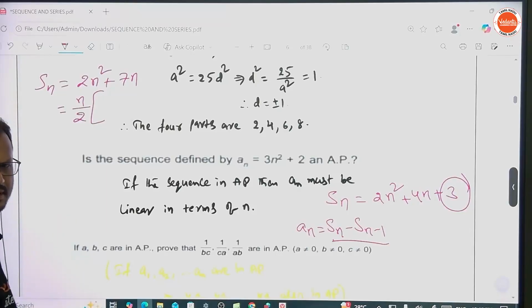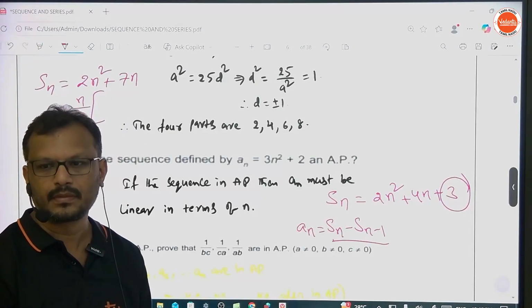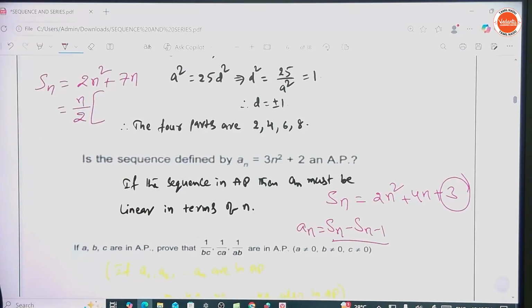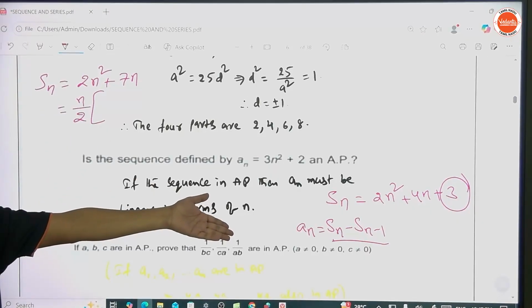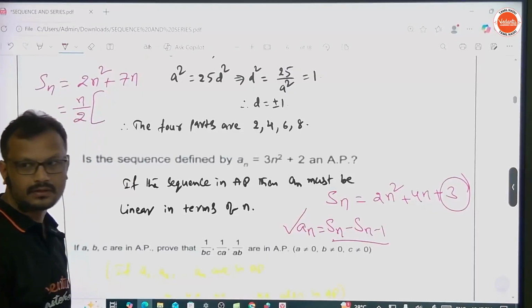First term S1 means the sum of one term only. If you substitute 1, you get the first term. Otherwise, you can also find the nth term by using this formula.